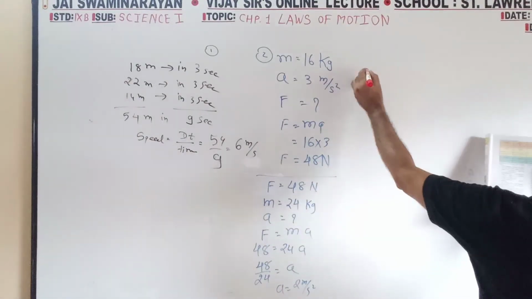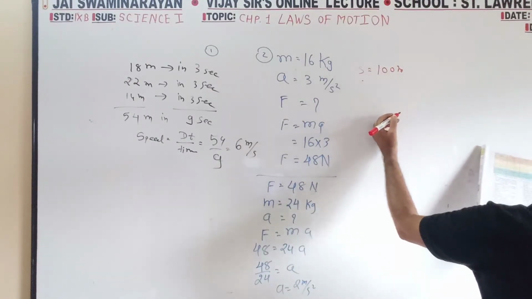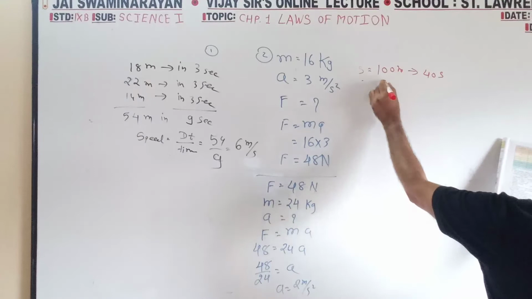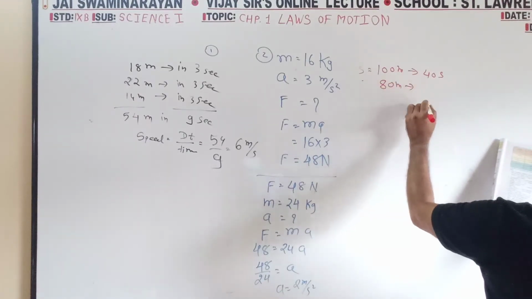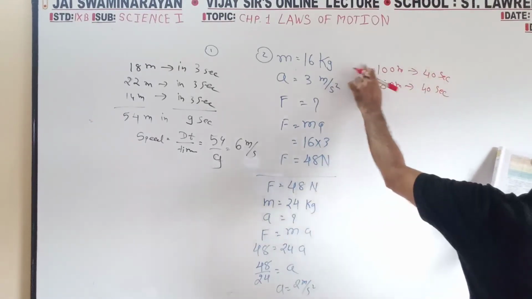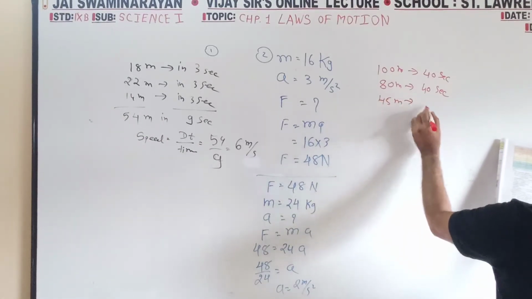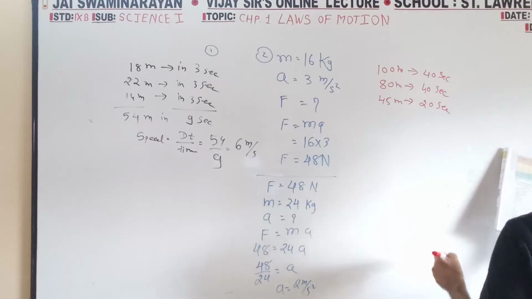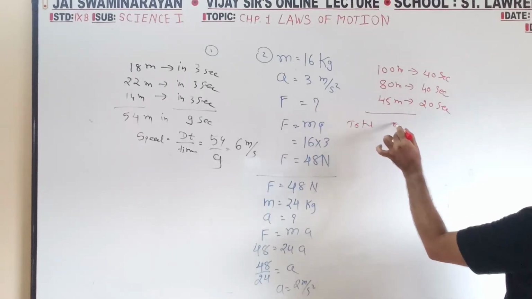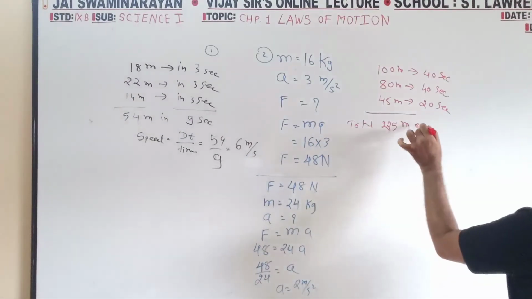A person swims a distance of 100 meters in the first 40 seconds, 80 meters in the next 40 seconds, and 45 meters in the next 20 seconds. What is the average speed? Total distance is 100 plus 80 plus 45, that is 225 meters.